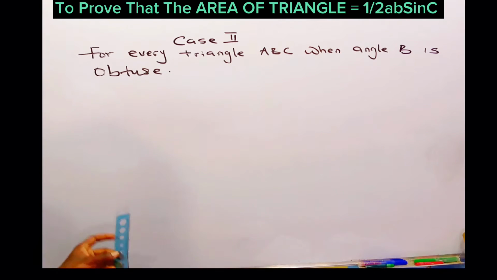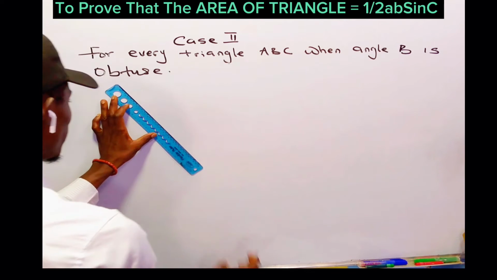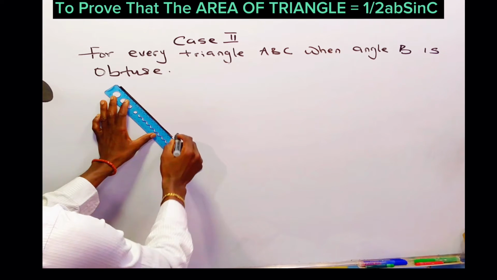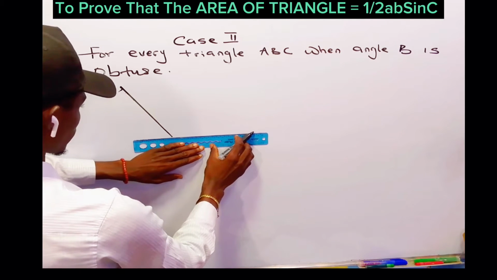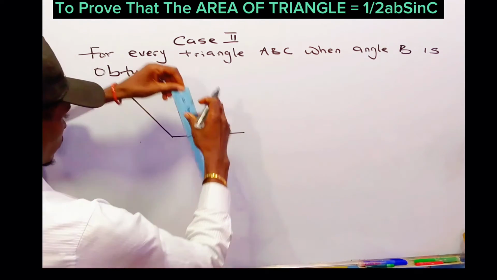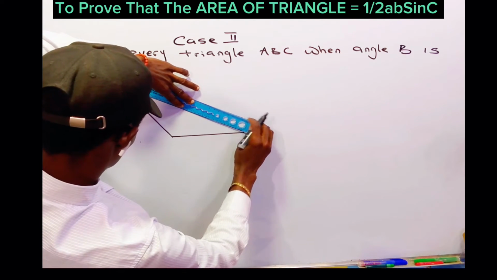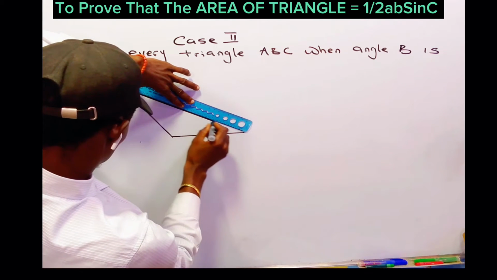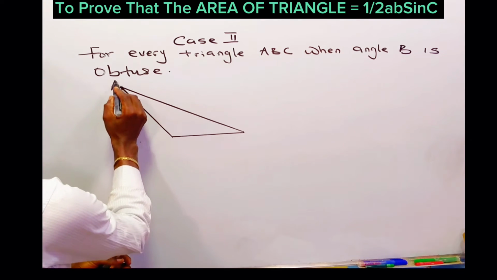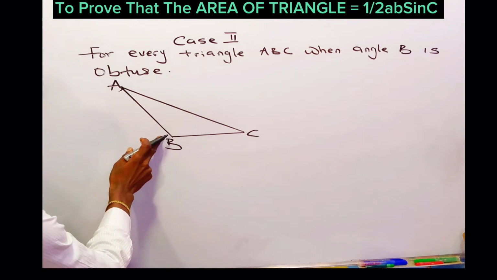So let's construct a triangle that has angle B to be obtuse. Here we have A, B, and C. And angle B here is obtuse.